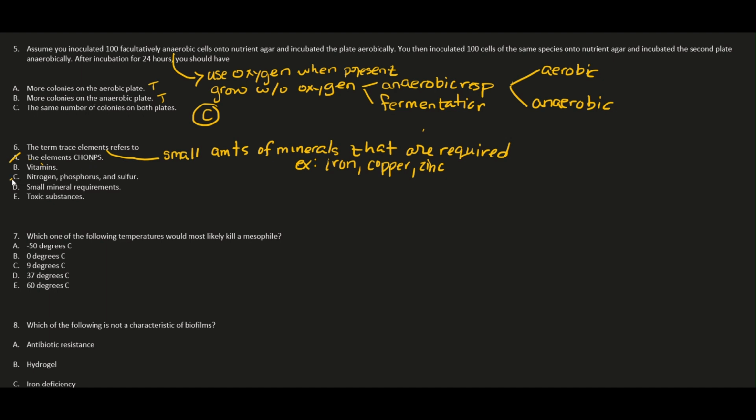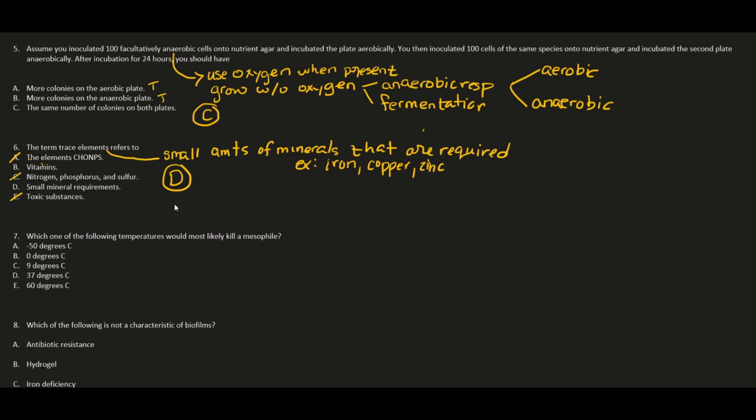We can cancel that one out. We know it's not toxic, so we can cancel that one out. We're left with B and D, vitamins and small mineral requirements. Well, going back to our definition, there's small amounts of minerals that are required, and D matches our definition. So the answer is D.